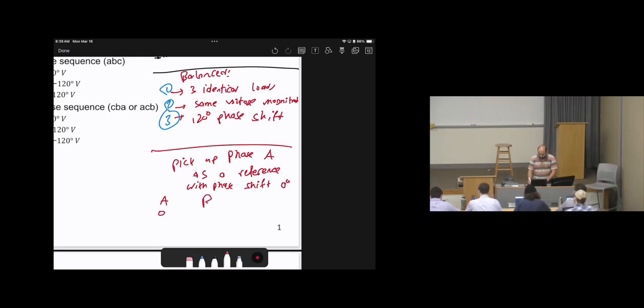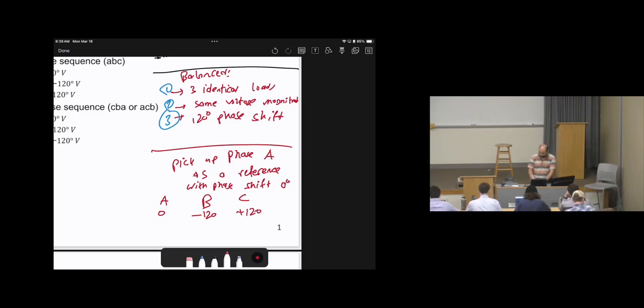So since the angle is 120, what will phase B be? Are we going to make it positive 120 or negative 120? Here is the concern. We can have 2 options. One option is that phase B will be negative 120, phase C will be positive 120.